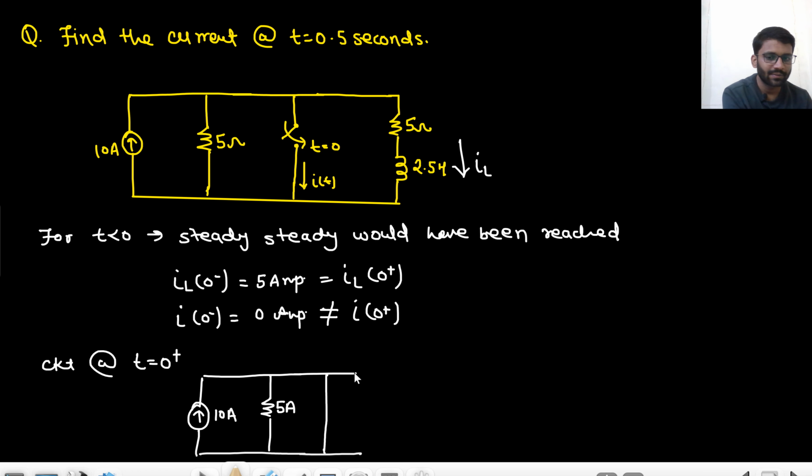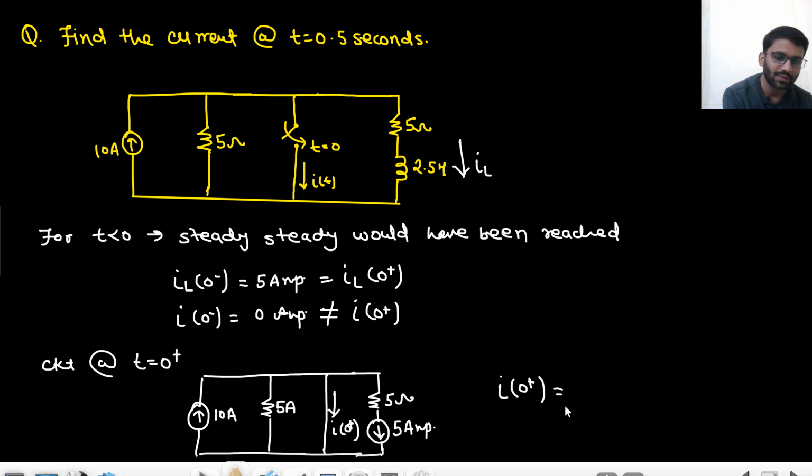And here I have 5 ohm resistance and a current of 5 ampere, right? Now you need to find the current in this branch, I of 0 plus. So I want you to tell me the value of I of 0 plus. What will be the value of I of 0 plus?